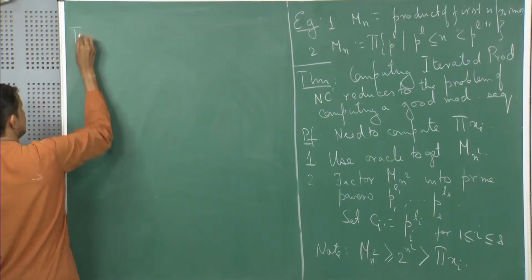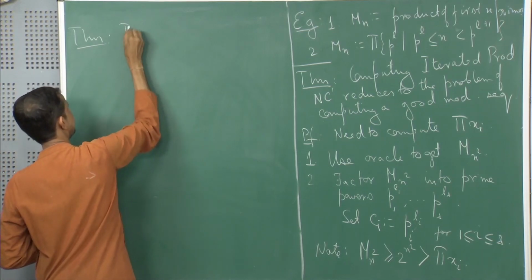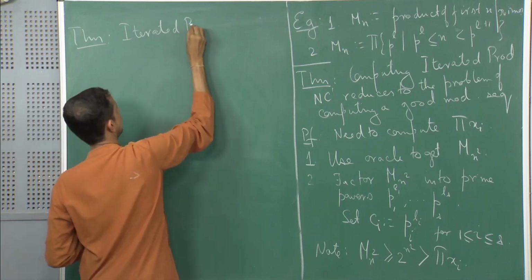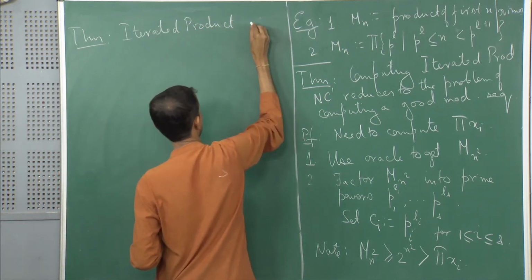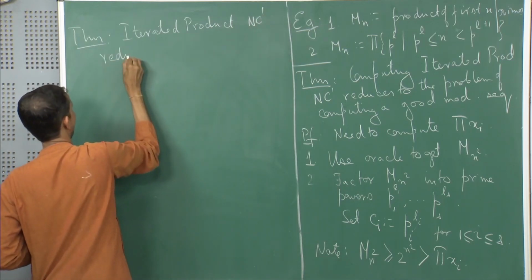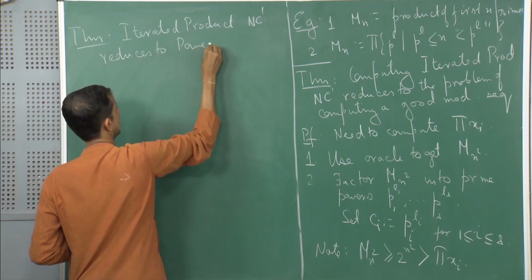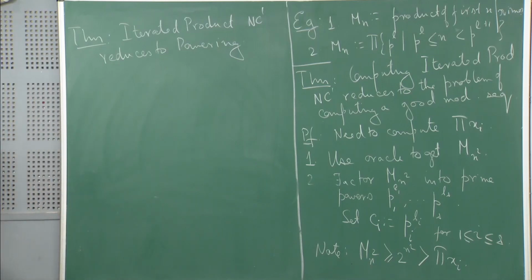So the next result that we will see is that iterated product NC1 reduces to powering.